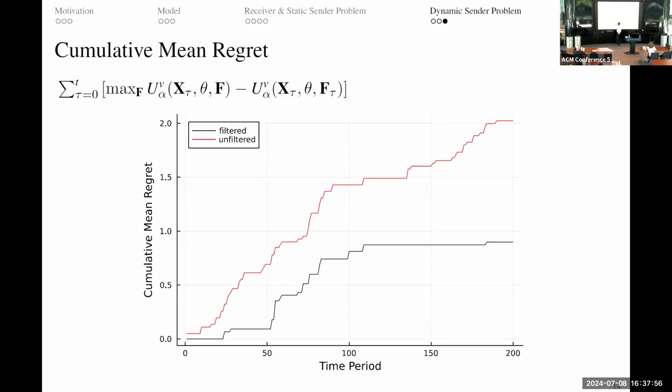And so we can plot this mean regret cumulatively over repeated interaction for the naive, unfiltered, full information benchmark, and then compare the algorithmically filtered information benchmark. And we see that it achieves lower regret, meaning higher receiver welfare in this case. And we can also see that in the algorithmically filtered case, regret stops accumulating after a while, which indicates that the sender has succeeded in learning the optimal information policy.